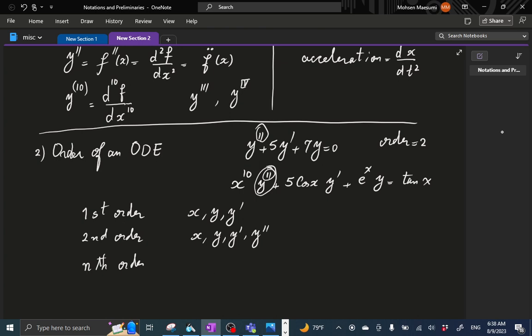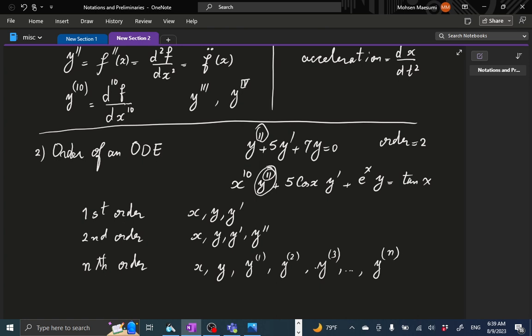Nth order just means you have x and y, and now let's use this notation: y1, y2 means second derivative, third derivative, and as many of these as you care to have, up to whatever order you want to have in your problem.